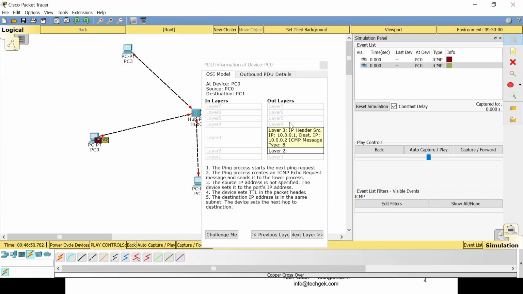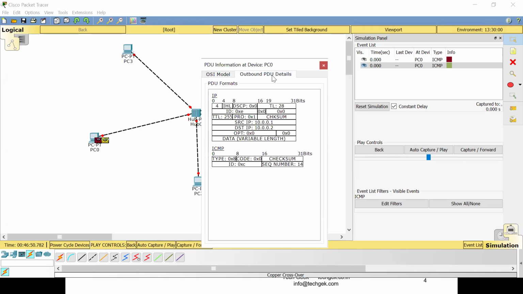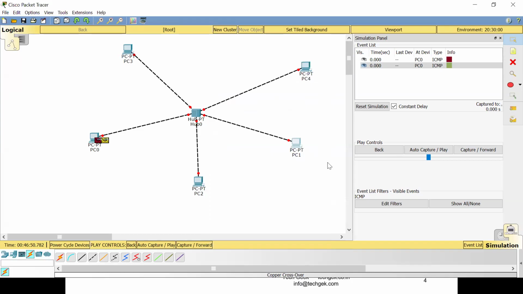The sender and receiver are both considered. PDU is the protocol data unit, which contains the header length, identification, number of each packet, TTL values, checksum, source IP, destination IP, and all other information. We'll discuss that in detail.